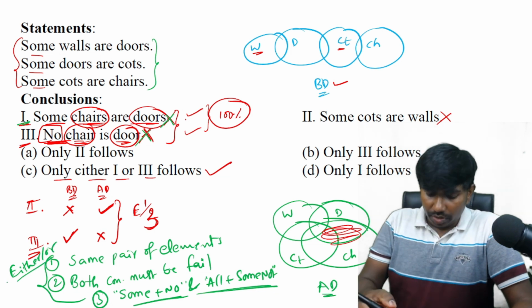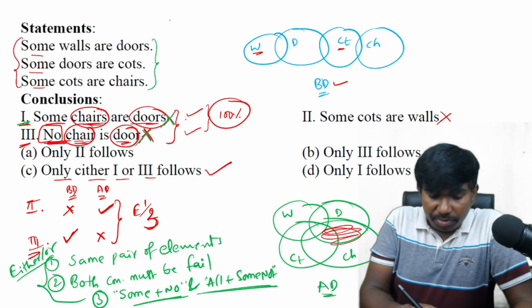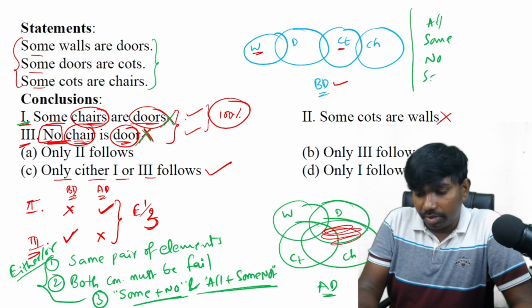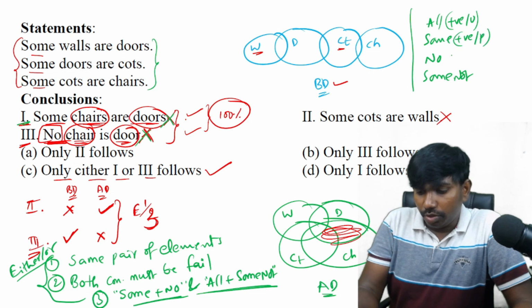So what about the third point? One must be positive and one must be negative. Let me explain here. All, some, no, and some not. All is positive and universal. Some is positive and particular. No is negative and universal.